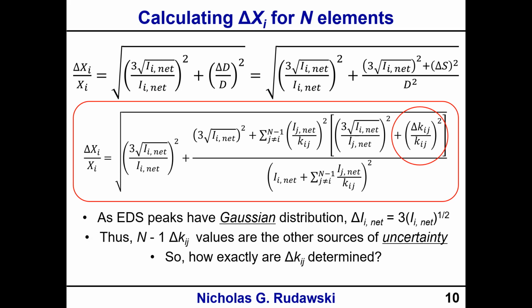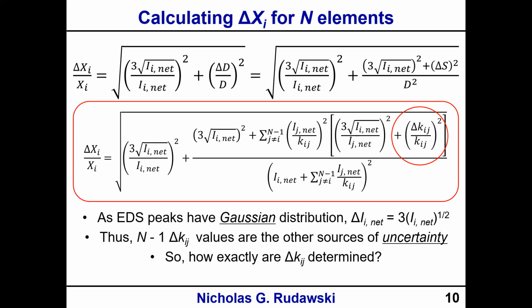This was one of the questions asked: how do we figure out the error in the sensitivity factor? Where does this come from? This is where it factors in mathematically, the error in delta K, which we're going to get into here. Again, because the peaks are Gaussian, delta I sub I net is given by 3 times the root of I sub I net.